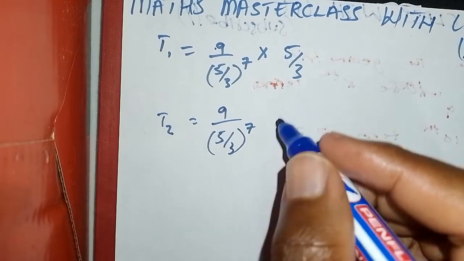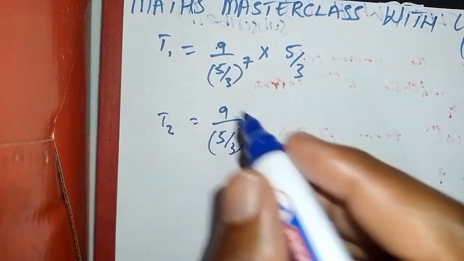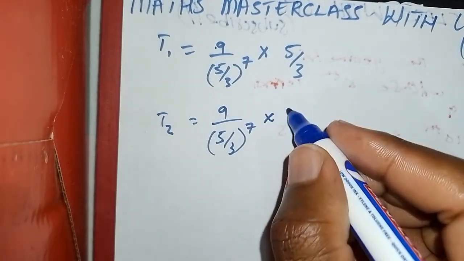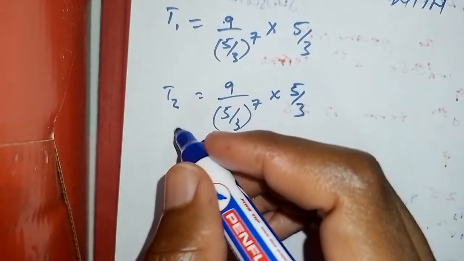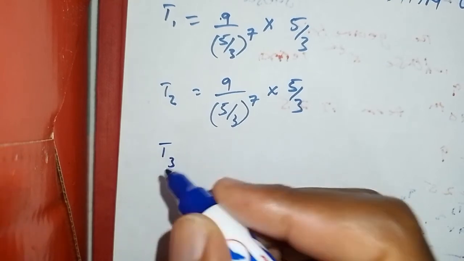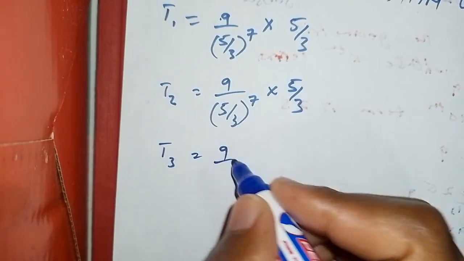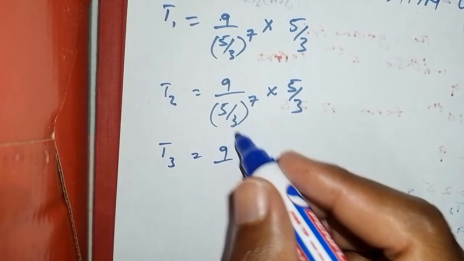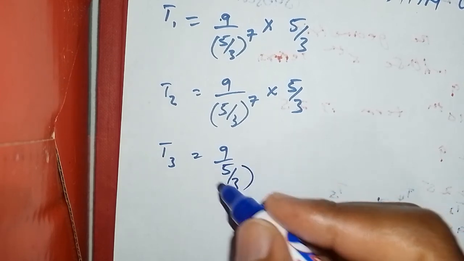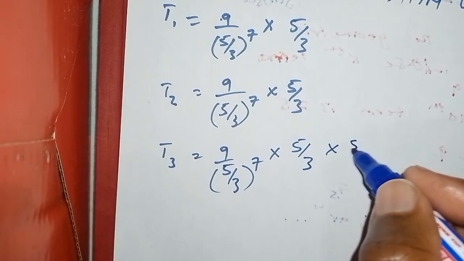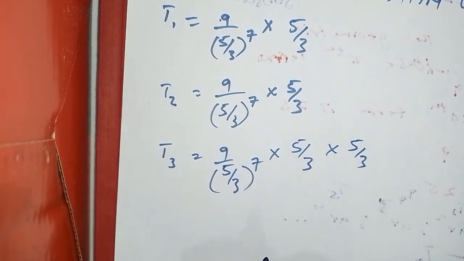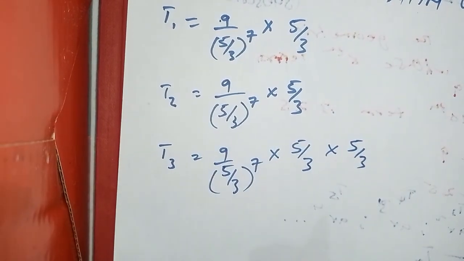You multiply it by that again and you get the next one. The third one is 9 over 5 over 3 to the power 7 multiplied by 5 over 3 multiplied by 5 over 3 again. This will be my third term. This is how my sequence will go.